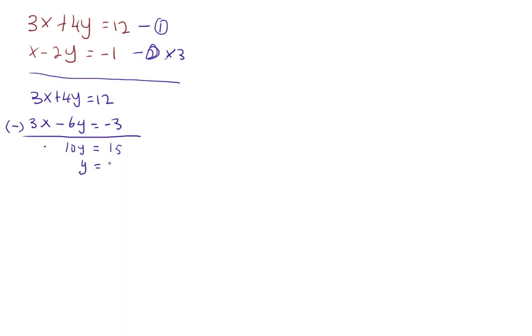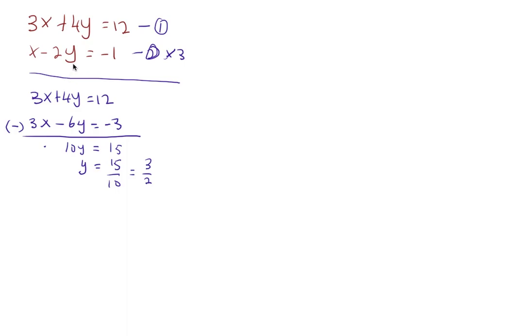Then y is 15 over 10, or you can divide by 5, so 3 over 2. Since we got our y, you can substitute back into our first or second equation, depending on which one you like.